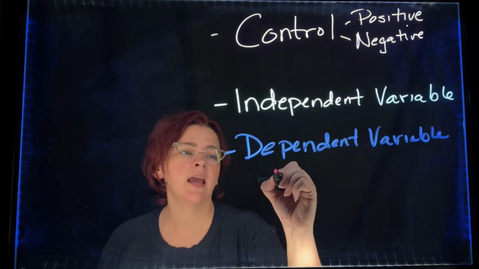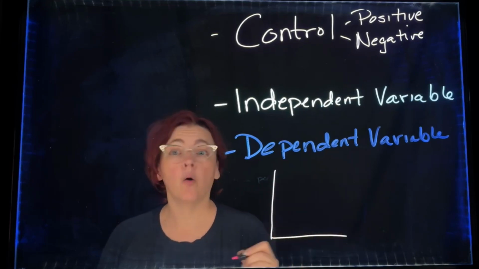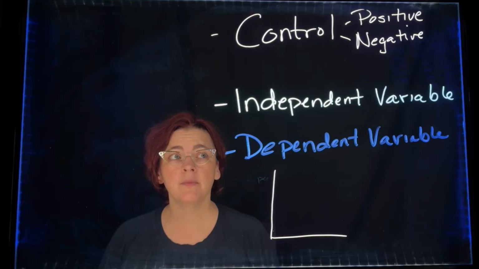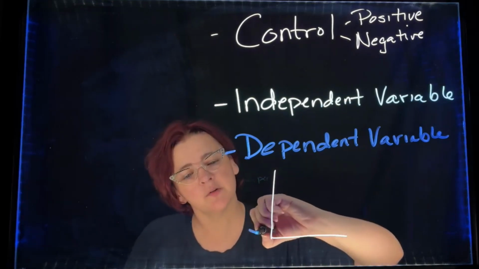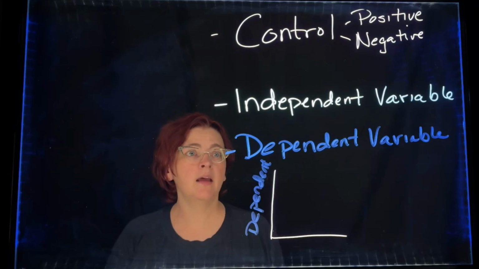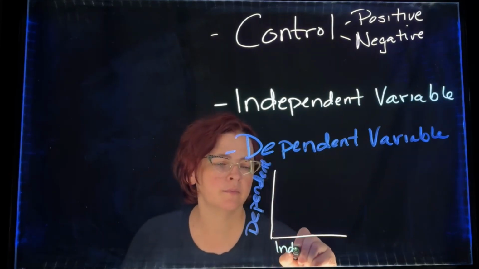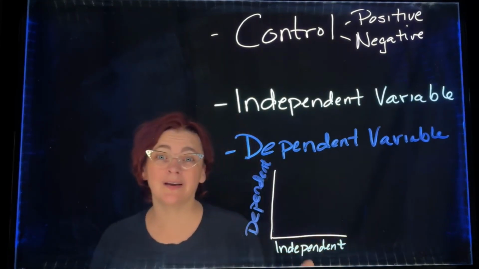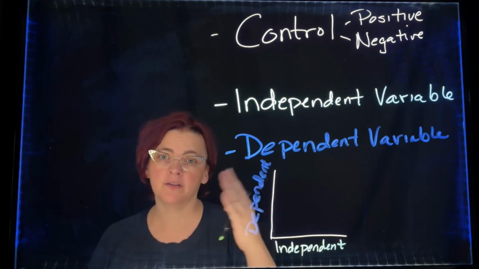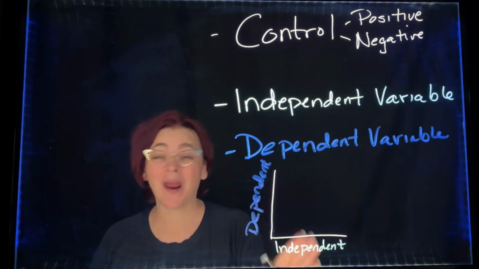When looking at a graph or forming a graph as a general rule, our dependent variable is going to be on our y-axis, and our independent variable is going to be on our x-axis. So when you're creating your graph, you know where to put what.